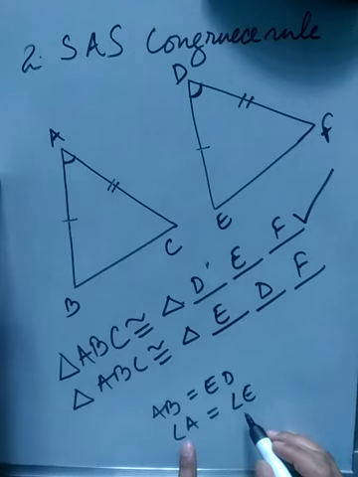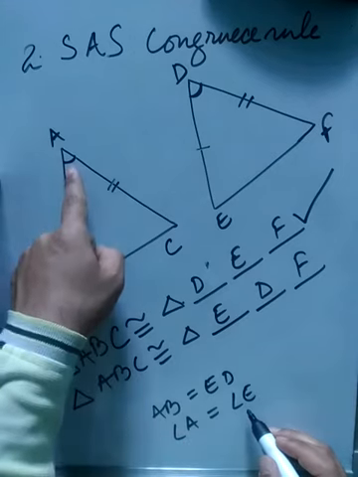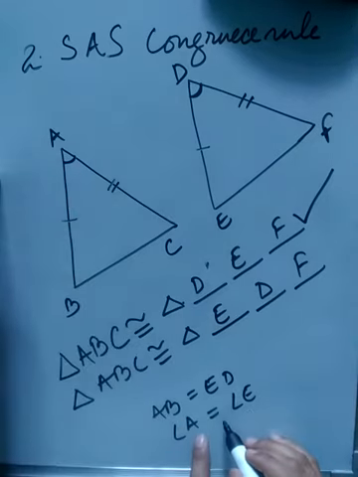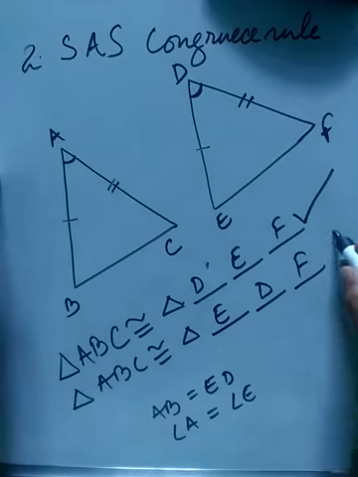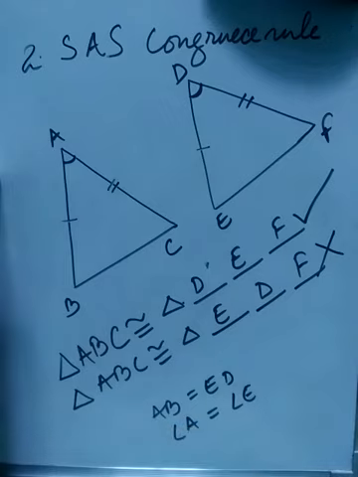No, I cannot say that. Angle A and angle D are equal. So it means that I have not maintained the correct order. That means this is not valid. You are not supposed to use the second one. So be careful. You should know how to maintain the order.